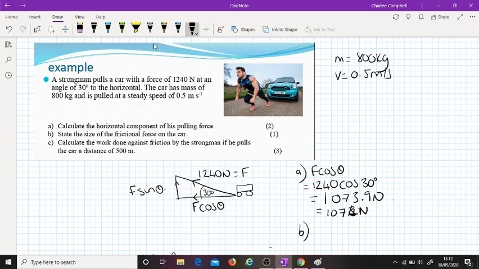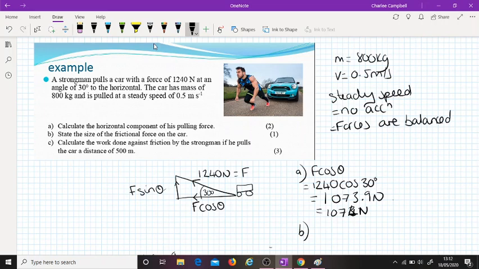If something's traveling at a constant speed, it means that forces are balanced, because forces, if they're unbalanced, cause acceleration or deceleration. But we know it's a steady speed, so if it's a steady speed, it means no acceleration. If there's no acceleration, forces are balanced.